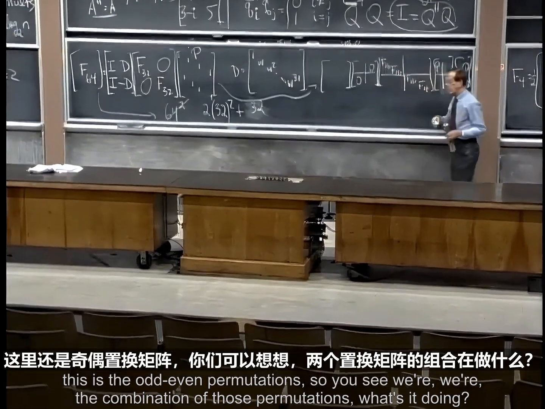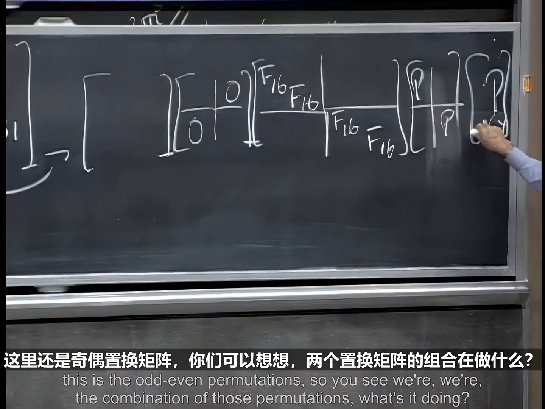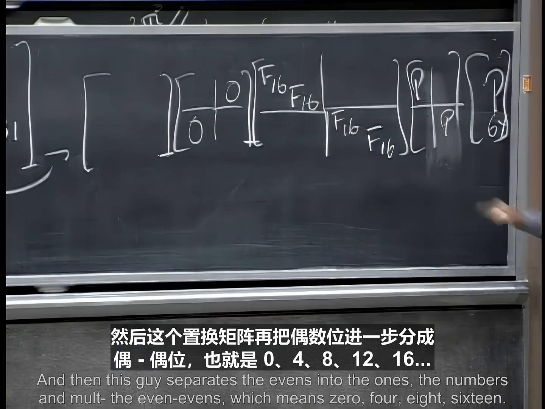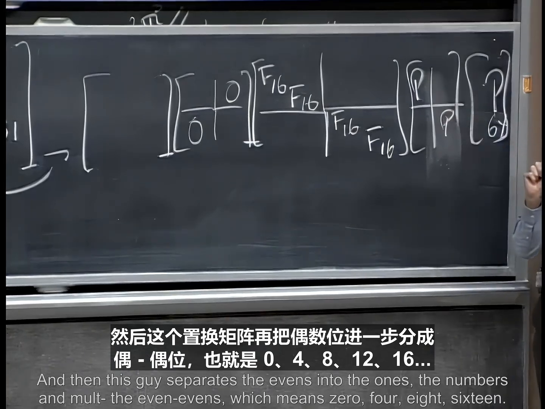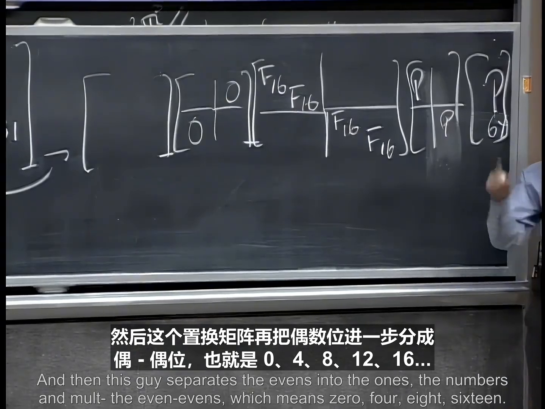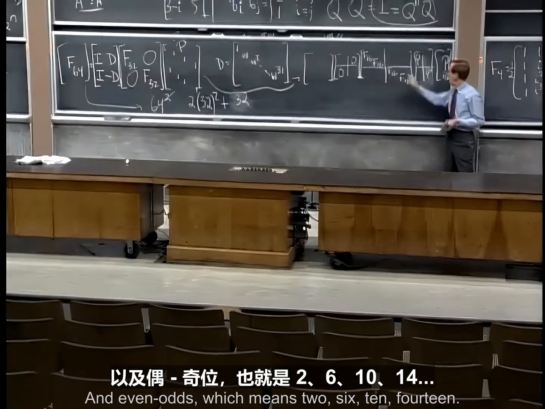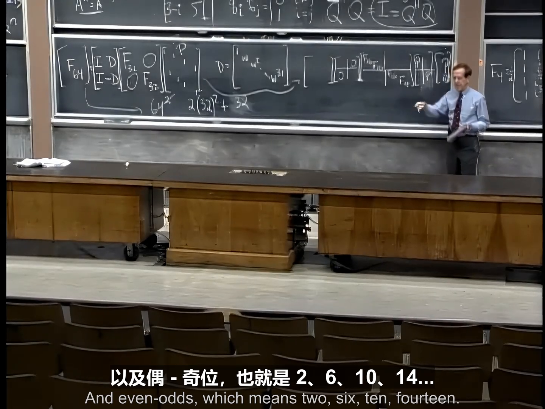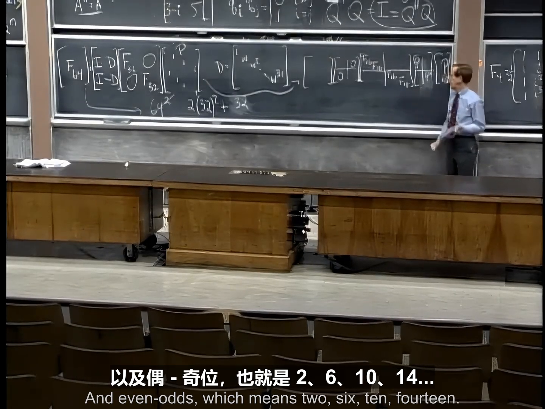So you see the combination of those permutations, what's it doing? This guy separates into evens and odds. And then this guy separates the evens into the even evens, which means 0, 4, 8, 16. And even odds, which means 2, 6, 10, 14.